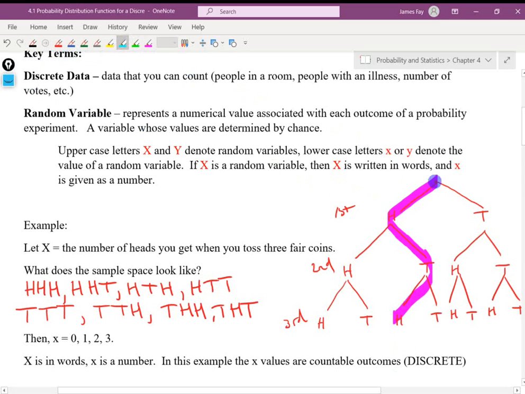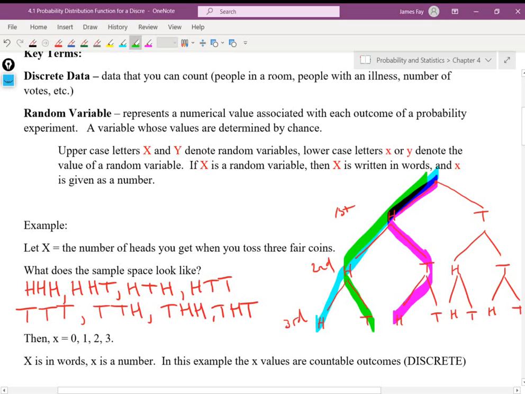So if I do that in purple and then I follow one in blue, each time I do this, I should end up at one of these final conclusions, and then I just trace back, okay, what did I highlight in that green one? And I label those. Okay, so that's how I get my 8 outcomes in my sample space.